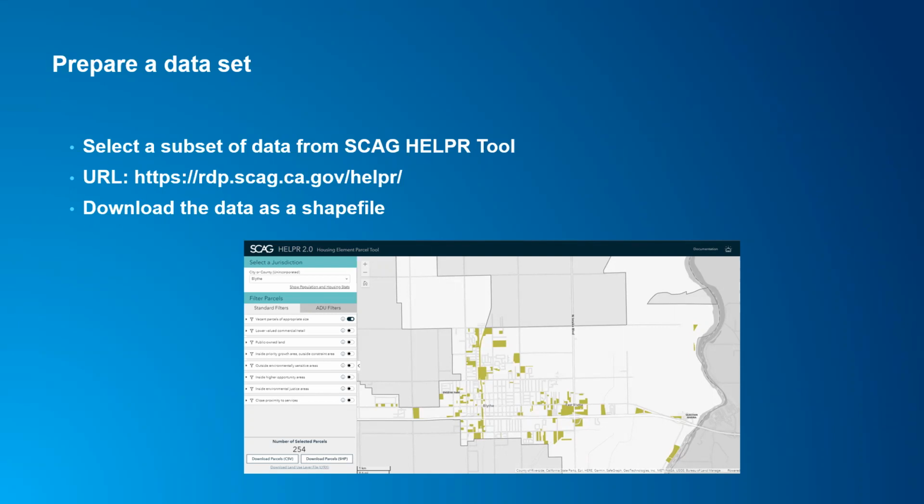I think it's also a useful application for planners like yourselves to know. For the sake of time, we'll create a small subset of data and download it as a shapefile, which, as I mentioned earlier, is an OpenGIS standard data format that many GIS systems can recognize.